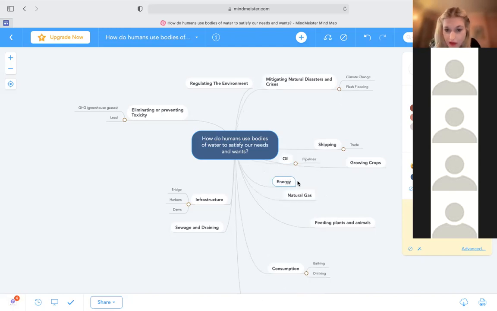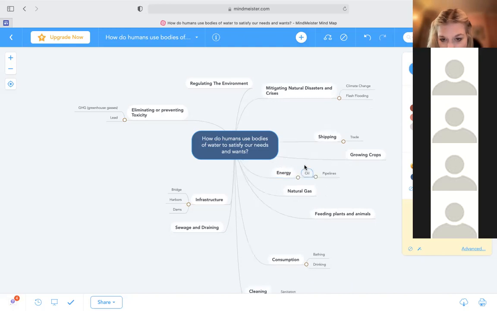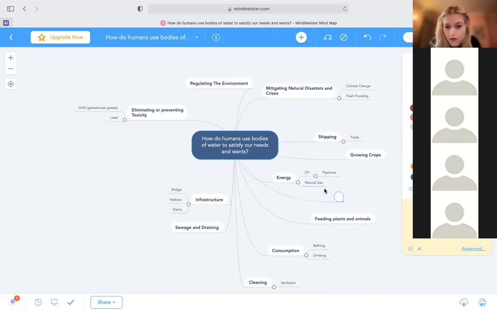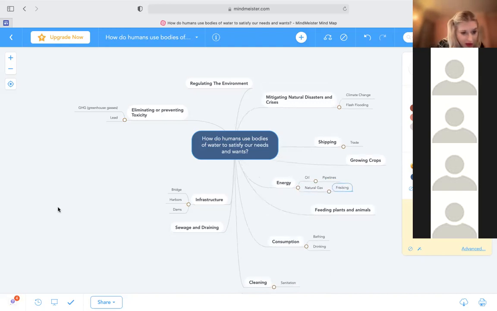I wish it was easier to put these on here. There we go. Oil, pipelines, natural gas, fracking. We'll get to that at the end, natural gas and fracking, because that's what our packet F is.